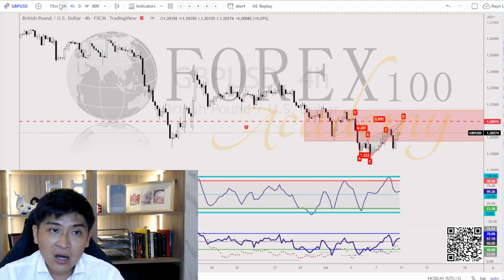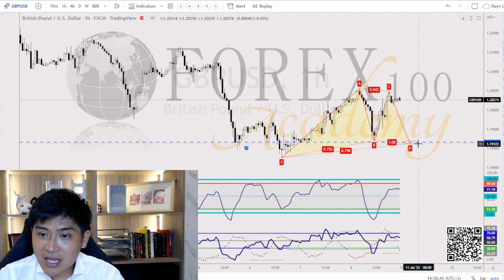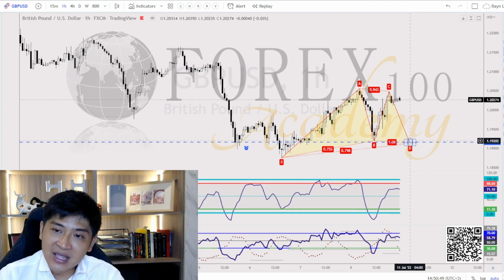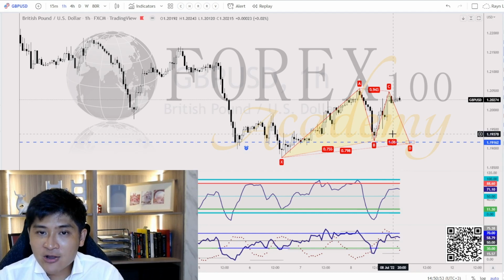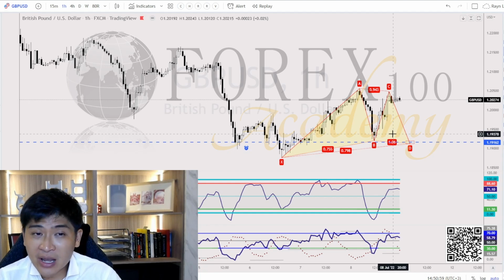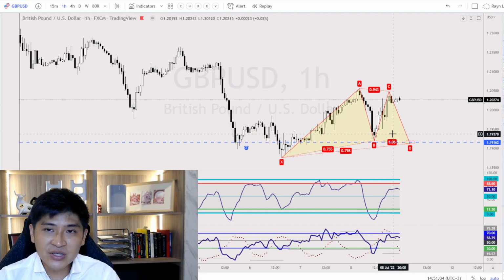And on the 1 hour, this is what I have. A potential Gartley completing at 1.1912, and of course if the Gartley forms before the Shark pattern on the 4-hour chart, then I can do my trade combo, which I call upsize trade management, and you will be able to earn more money than other traders with lower risk and higher returns.